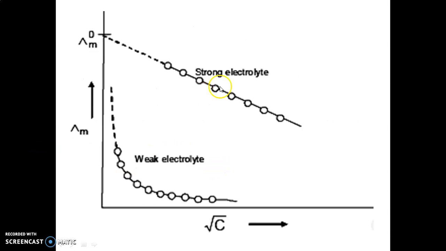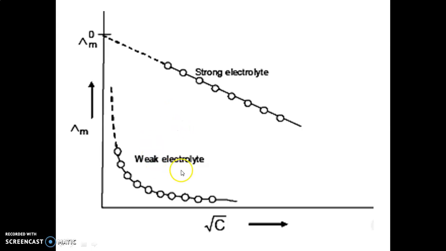Okay, in the case of strong electrolyte, on dilution the distance between positive and negative ions increases and it will reach the limiting value. This is called molar conductance at infinite dilution.